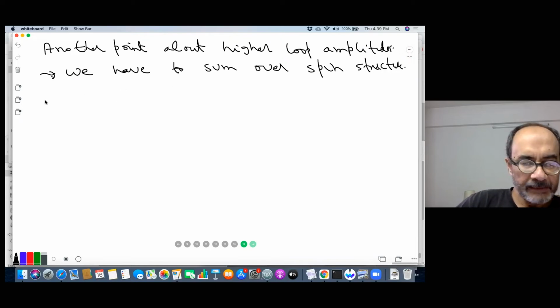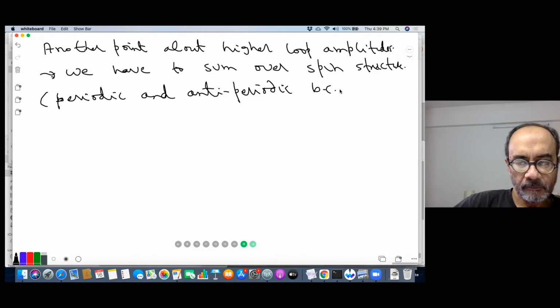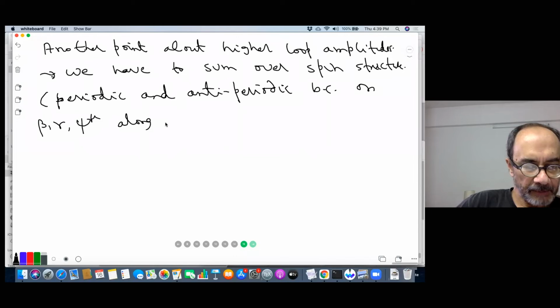This means that we have to sum over periodic and anti-periodic boundary conditions on beta, gamma, psi, mu along different non-contractible cycles.